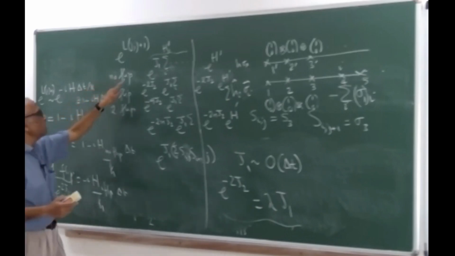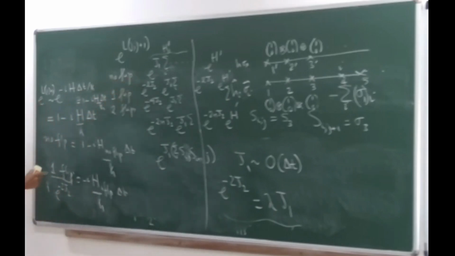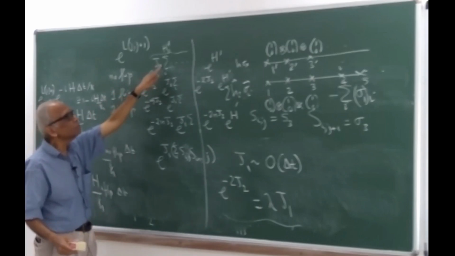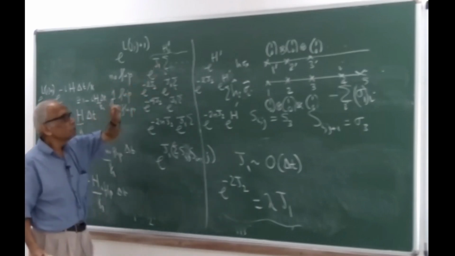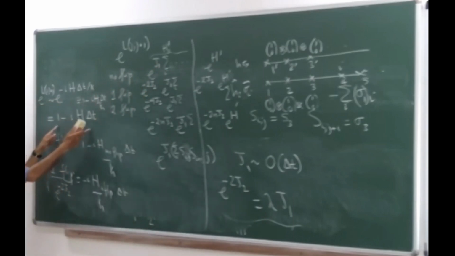For this no flip situation, there is a non-zero contribution from here, and then there is going to be some H no flip matrix element times delta t. Now in the no flip case, the structure is e to the power J1 something. If J1 is not small, I will not get this structure.